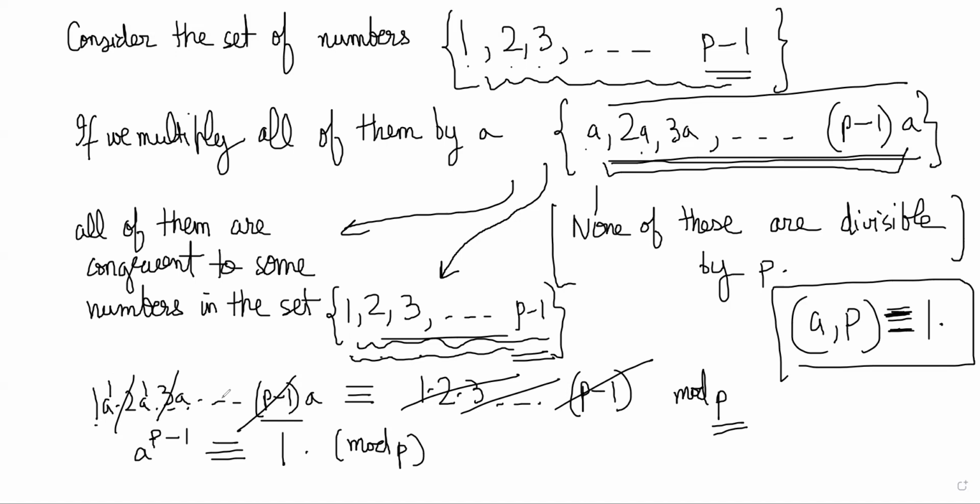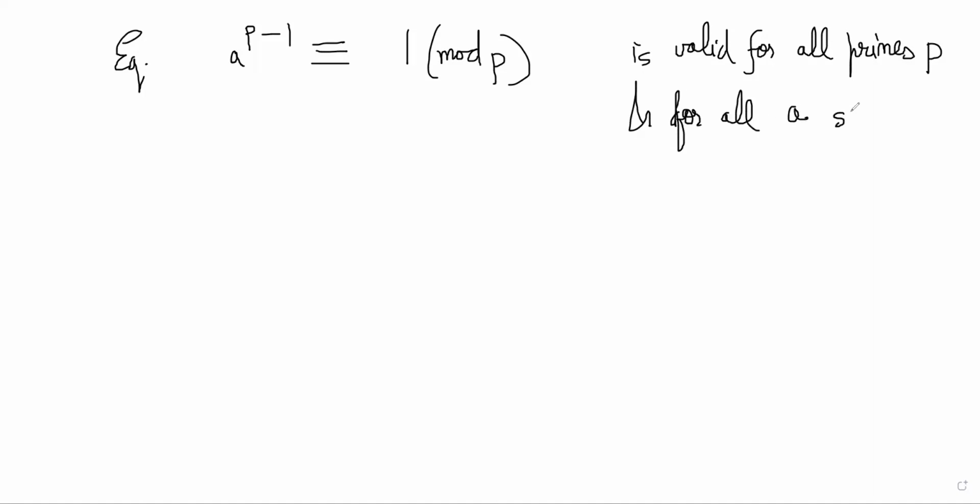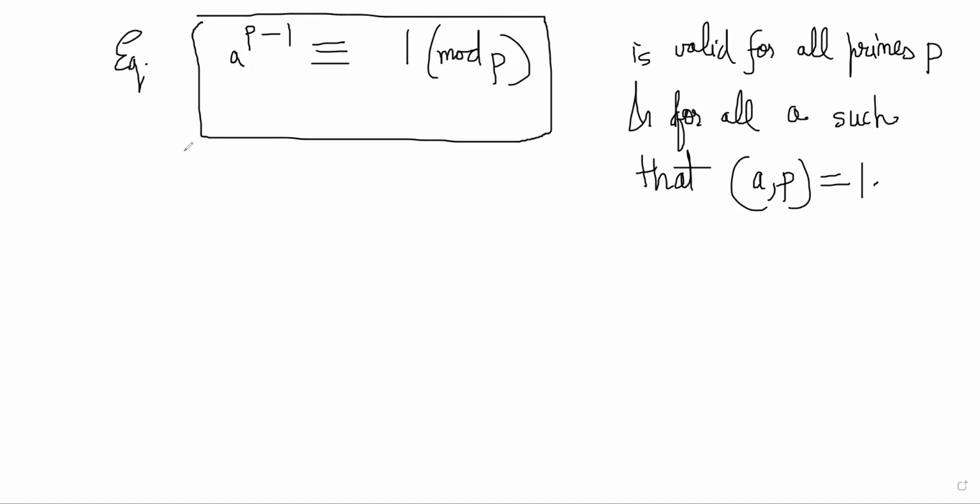So this equation, A power P minus 1 is congruent to 1 mod P, is valid for all primes P and for all A such that A and P are co-prime to each other. And that is your statement of Fermat's theorem, right?